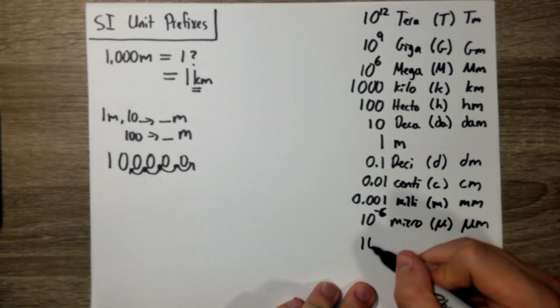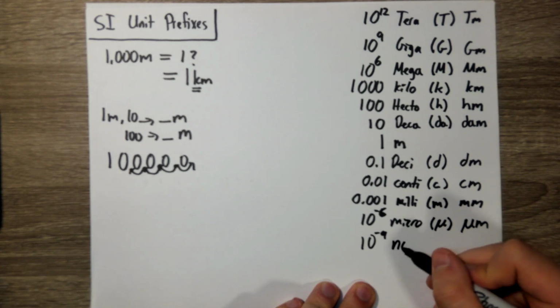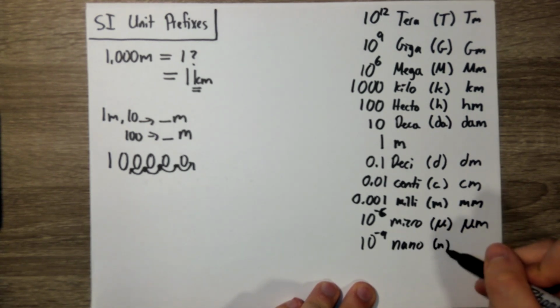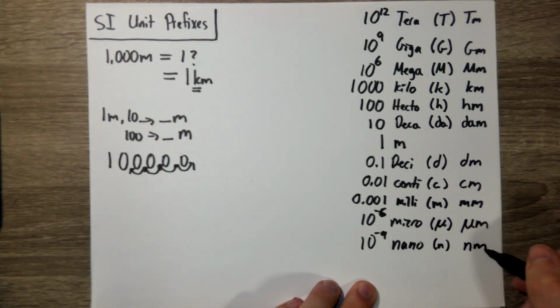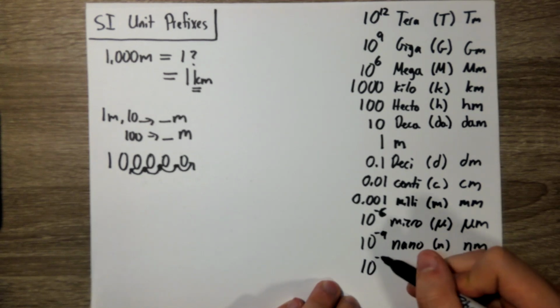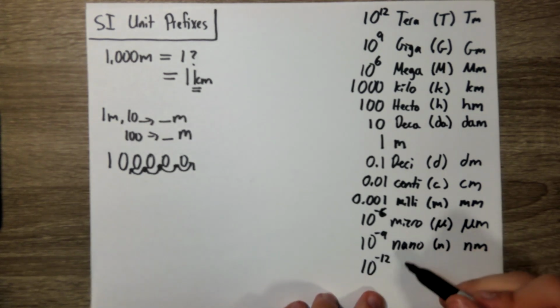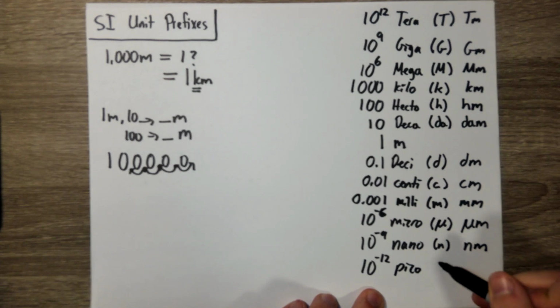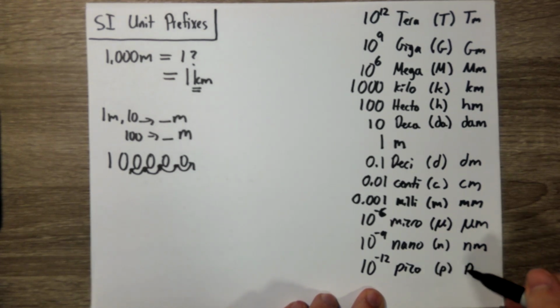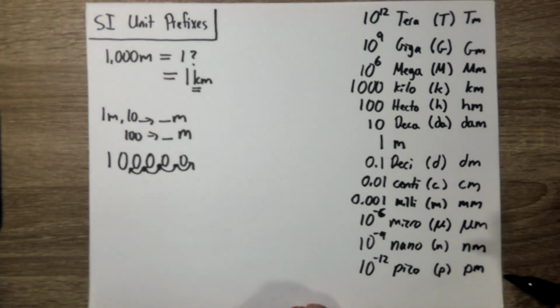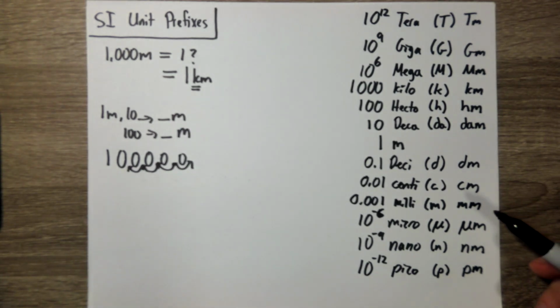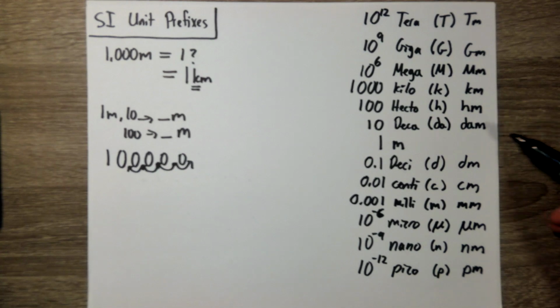Micrometer. 10 to the minus 9 is a nano, n, nanometer. And then finally, 10 to the minus 12 is called a pico. Picometer is an example.